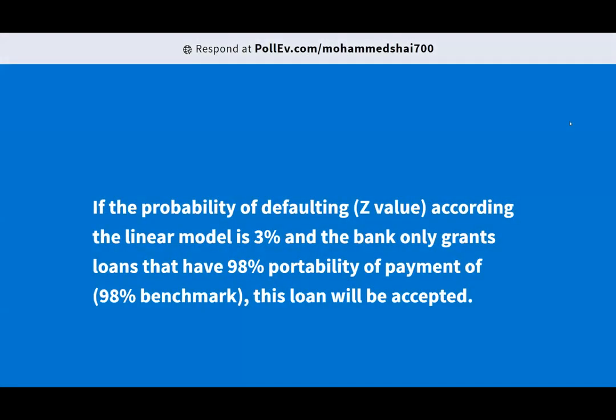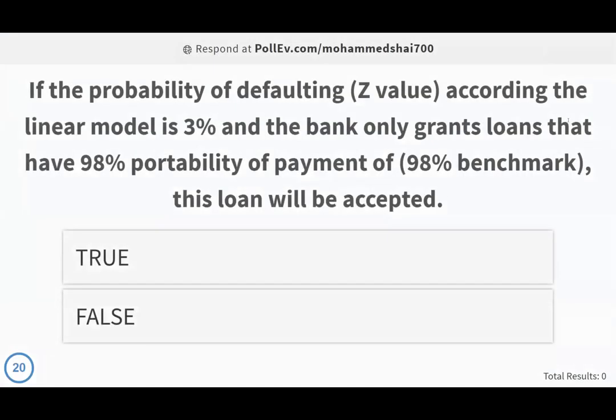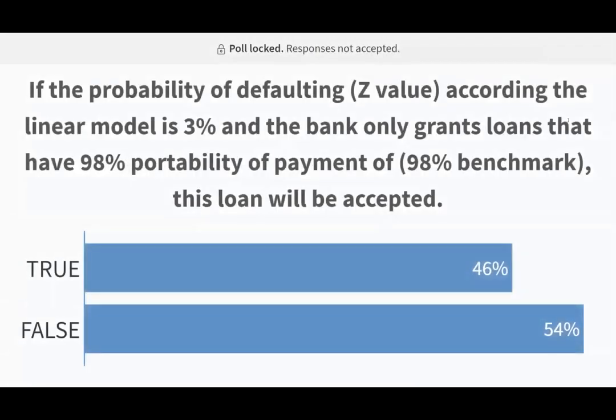Accept or reject. The probability of defaulting according to the linear model is 3%, and the bank only grants loans that have 98%.